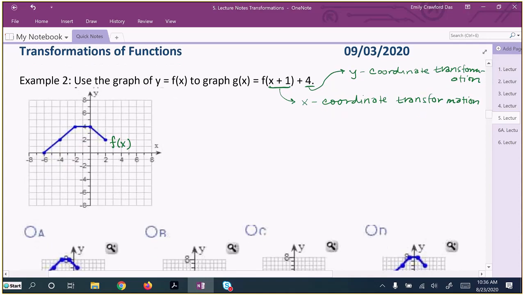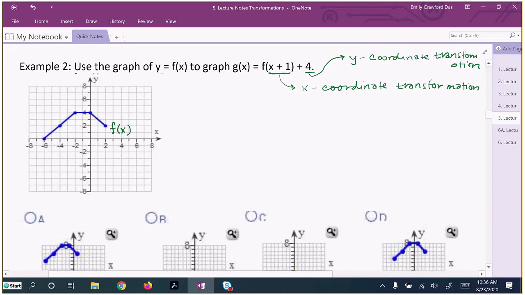So I'm going to have the x coordinate shifted by 1. I have to figure out, am I going to the left or to the right? And I'm going to have the y coordinate shifted by 4. I have to determine, am I going up or down? So I know that the y coordinate transformation is intuitive. So if it's plus 4, that's shift up by 4.